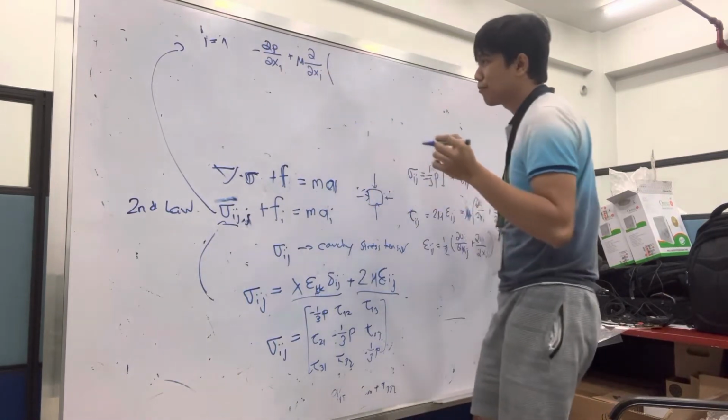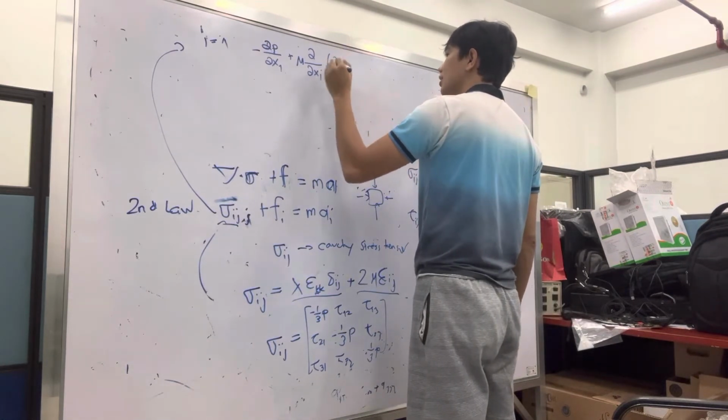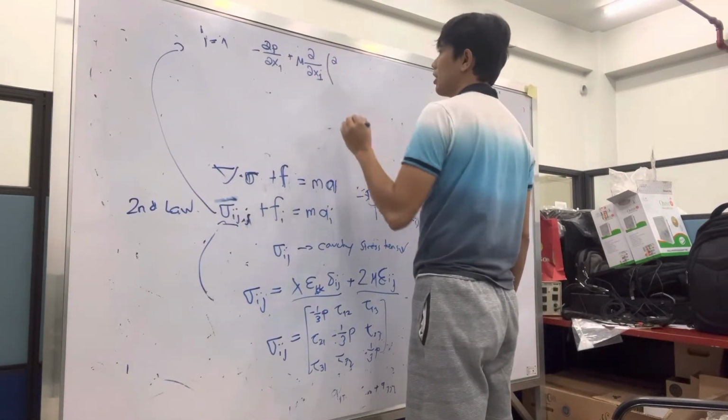Pag dinifferentiate mo to, yung unang value, i-set ko na nga ng 1 to.